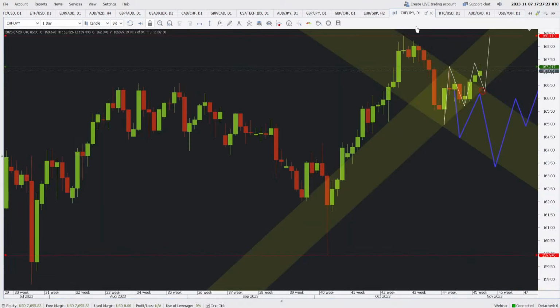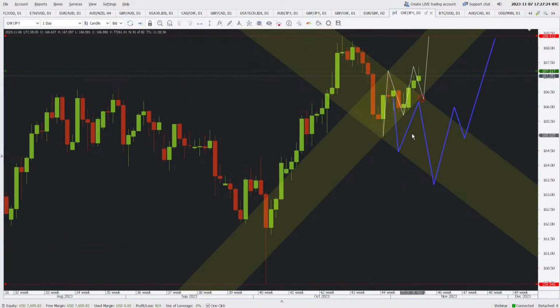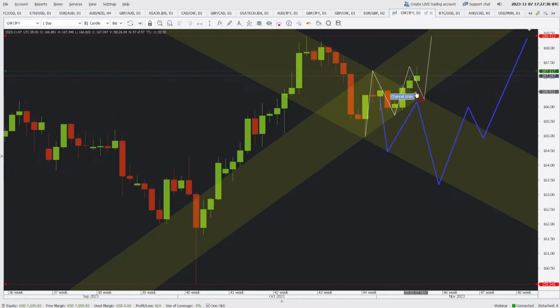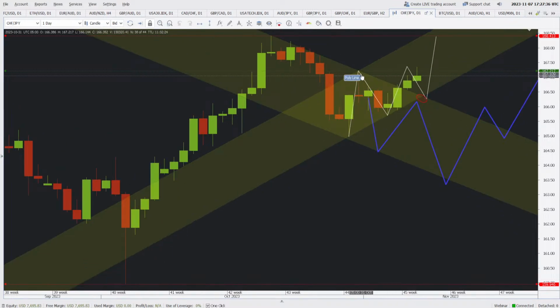Okay. CHF JPY, higher prices are coming here on the daily, and at this area we were expecting some comeback. I was expecting the price to go higher from here and then a comeback. The prices went higher, and now I am expecting the price to come back to this area.